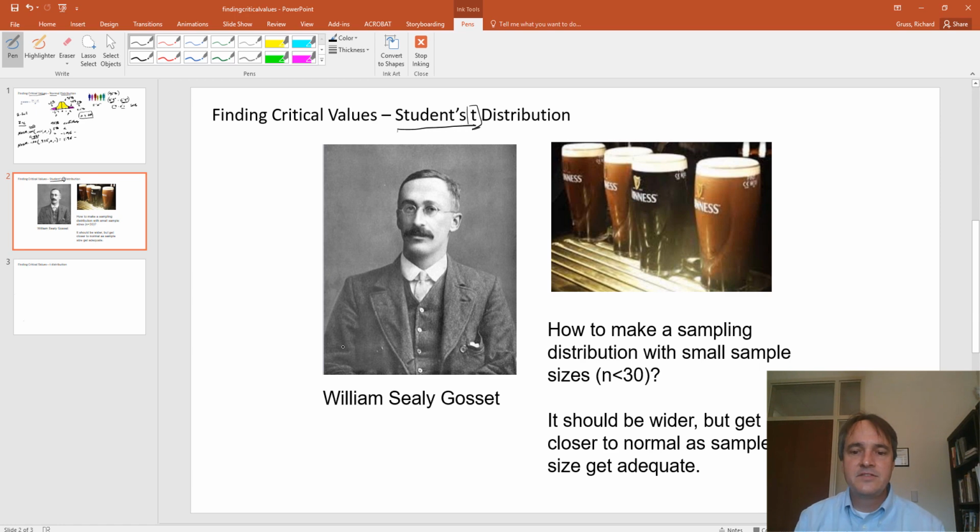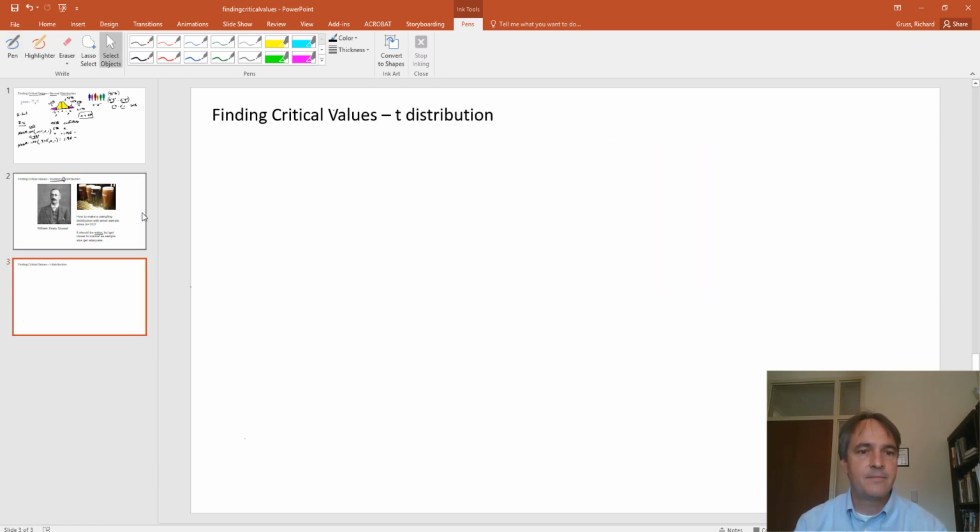The idea is that because we have fewer samples, we need to change the distribution so that it's going to be wider. How wide it is will depend on exactly how far we are from 30. So let's take a look at finding critical values on the t distribution.